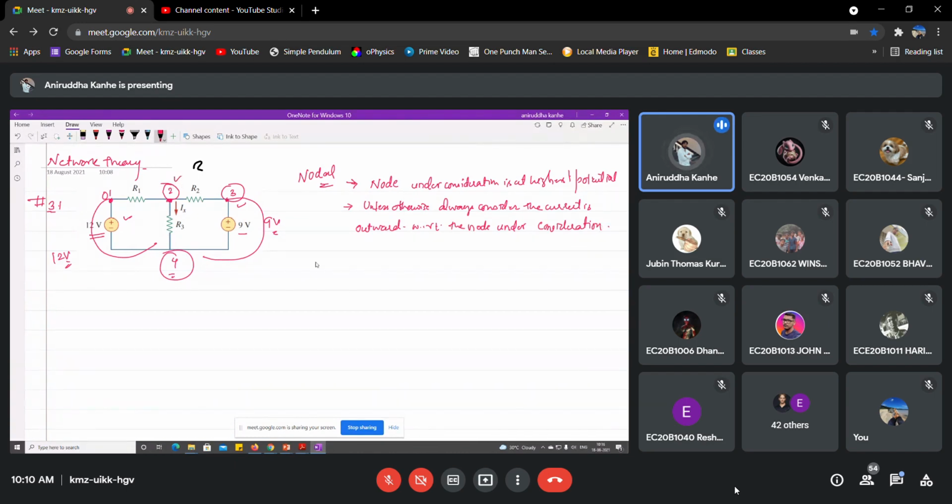So the node under consideration is this node 2. Let us call the voltage with respect to node 2 as V2. Now you have a current component in this branch, current in this branch, and Ix is already given to you.